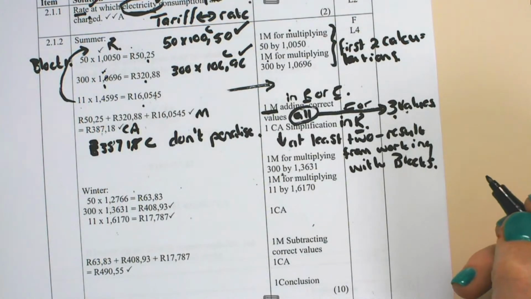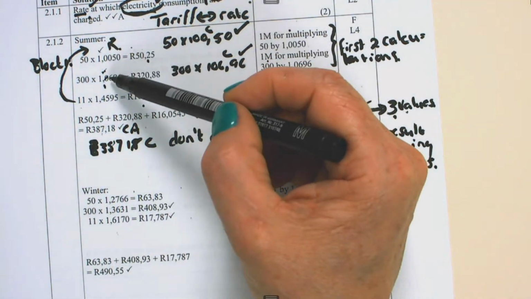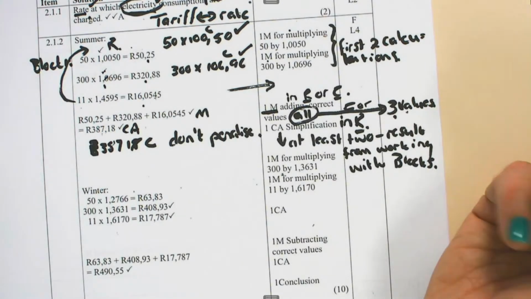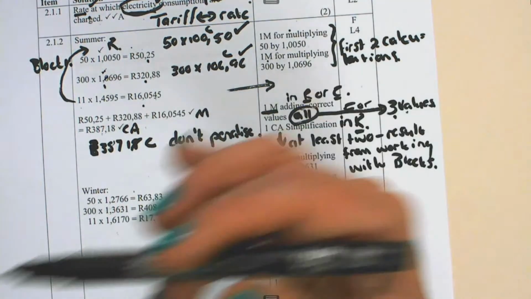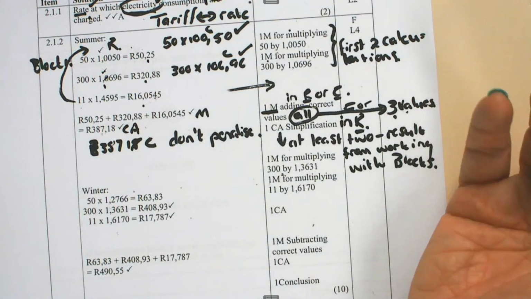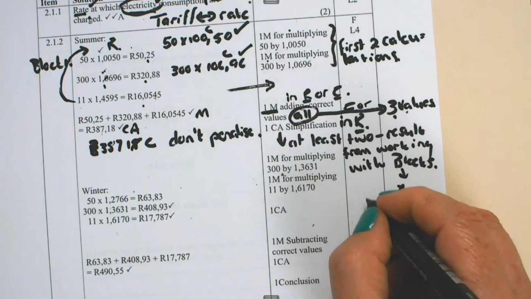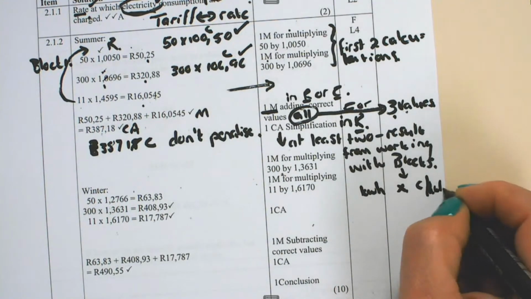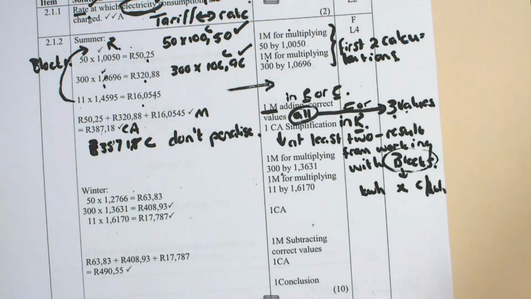If they are just adding, for example, the cents, this cents plus this cents plus this cents, they are not working with the right things, then you are going to have to penalize them the full marks. There's no CA. We call it a breakdown. They are not doing the thing at all. If they work with the blocks, there must be multiplication of the kilowatt hours and the cents per kilowatt hour. Then we know they are working with the different blocks.